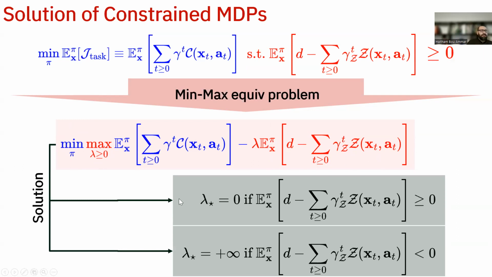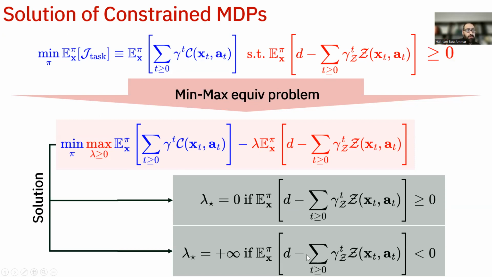Now, you can clearly see, I believe, the optimal solution of this problem. Let's think about it intuitively. If we have some budget left, so if this is positive, then maybe set lambda equal to 0, so we only focus on the cost term of the task.